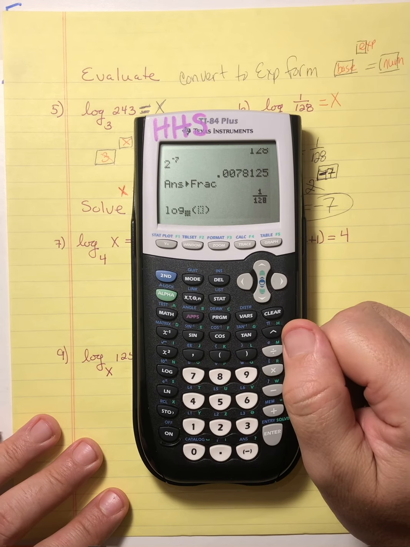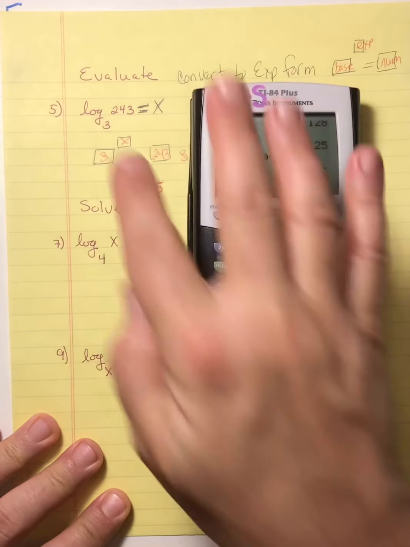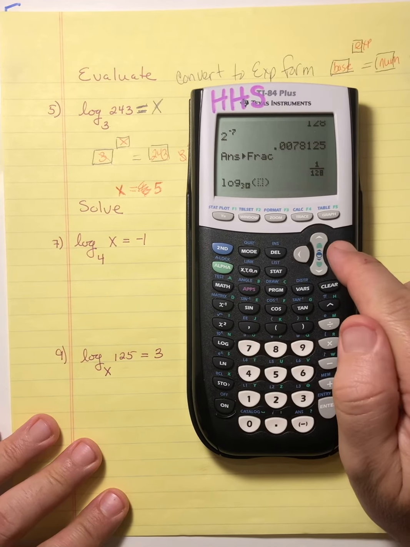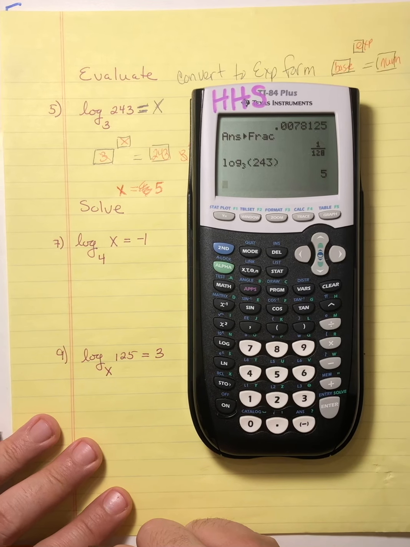You see all those little squares? So look at this. There's the 3, there's the 243. So log, I'll put the 3 there, arrow up, put the 243, hit enter. Calculator does the magic for me.